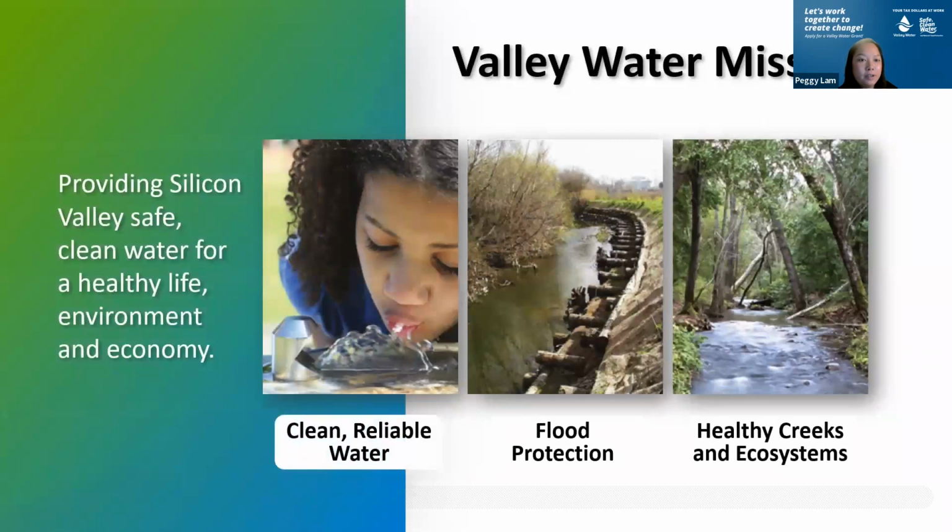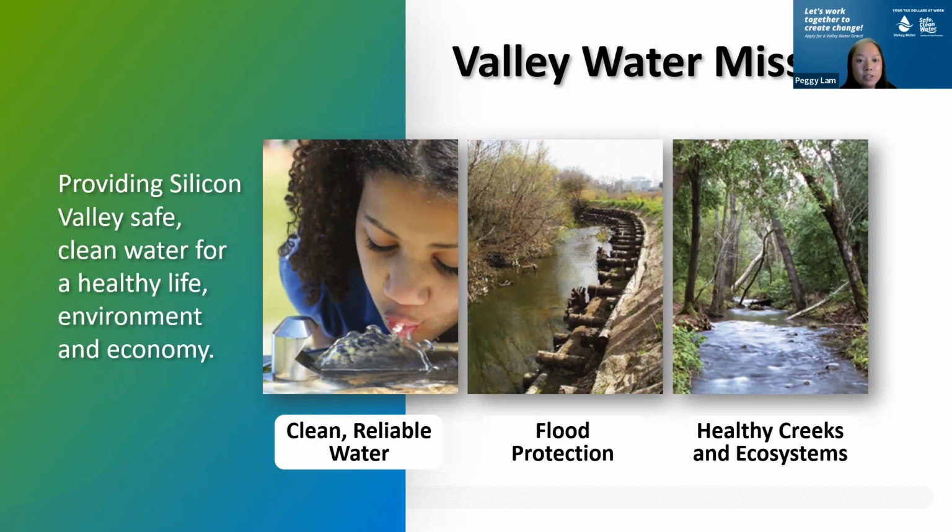Thanks, Kristen. So yeah, just a little bit of background on Valley Water. If you're unfamiliar with us, we are the Santa Clara Valley Water District, also known as Valley Water. We are a public agency that's a special district of the state of California, and we are most known as the wholesale drinking water provider for Santa Clara County, but we also manage the region's waterways and flood protection activities to create healthy creeks and ecosystems.